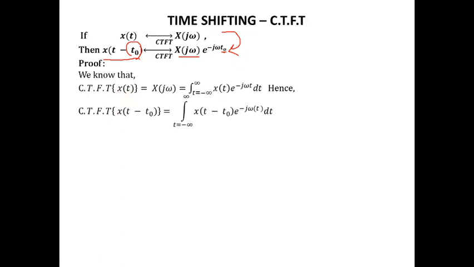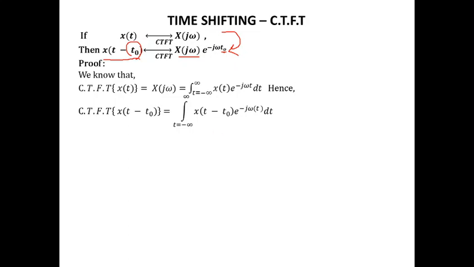So the CTFT of x(t minus t naught) will be equal to, in this equation, instead of x(t) you have to replace it with x(t minus t naught), right? Because if the Fourier transform of x(t) is this, then the Fourier transform of x(t minus t naught) is just this, with the x(t) signal replaced by x(t minus t naught).